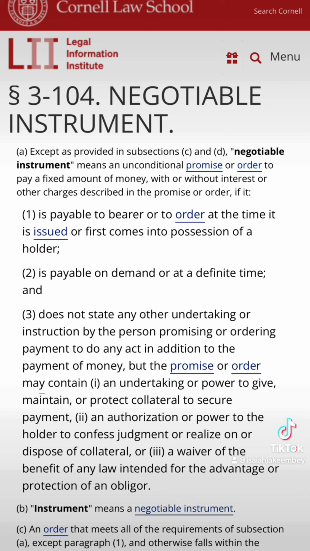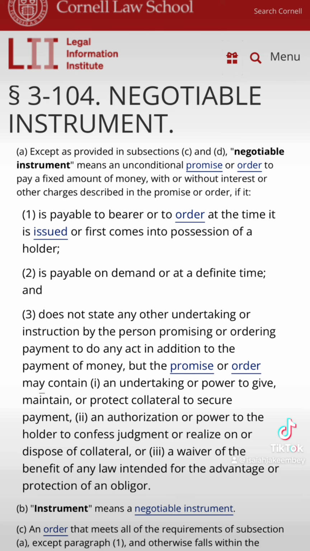Number 1 says is payable to the bearer or to the order at the time it is issued or first comes into possession of a holder. So if you receive a negotiable instrument, an unconditional order or unconditional promise to pay a fixed amount of money, and you accept that order, and that order is not payable to the bearer or to the order at the time you receive it, then you're holding a check that can be paid by you.